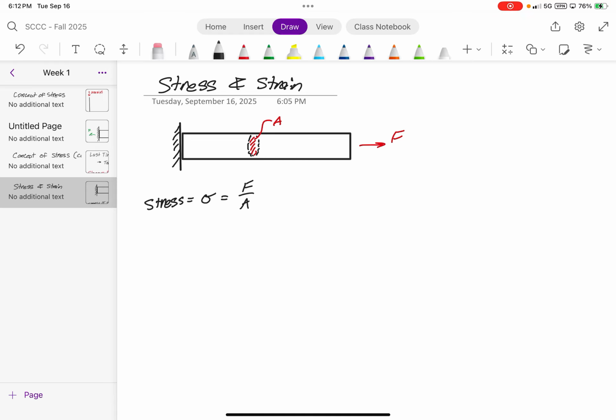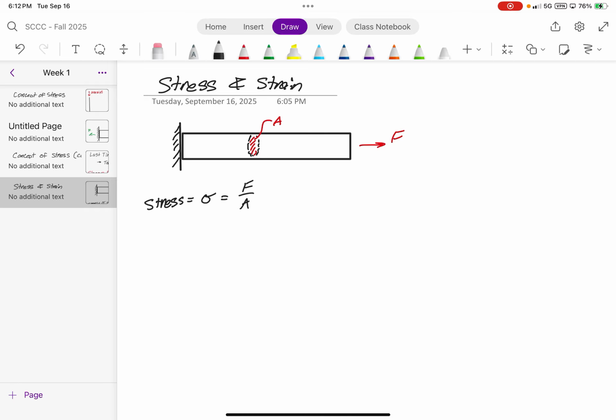Now, what's something that was never really considered when you guys learned statics? Like, what were some of the rules that you had? One of the things was your members are considered rigid when you're designing a structure, right? Is that actually the case in practicality? No. Your structure deforms.